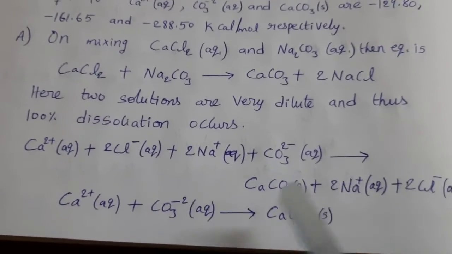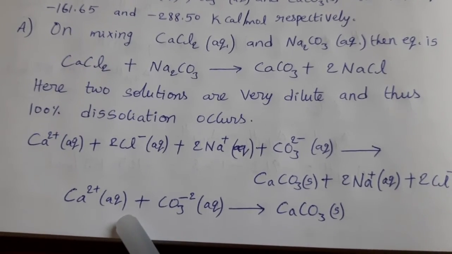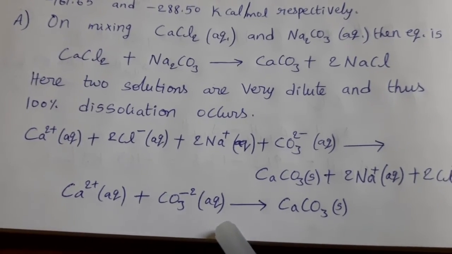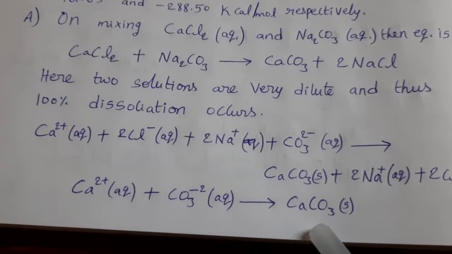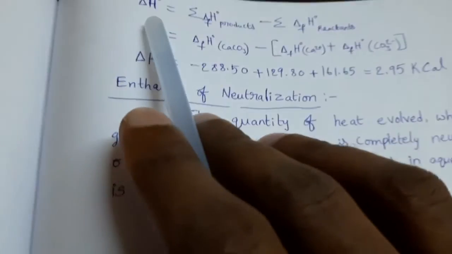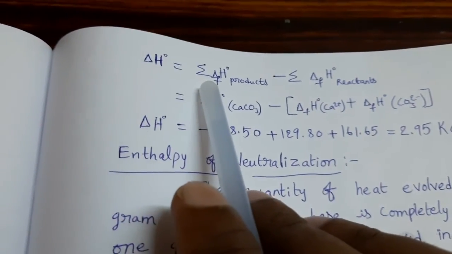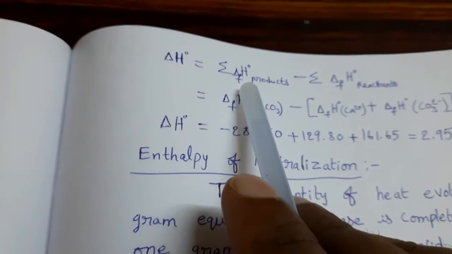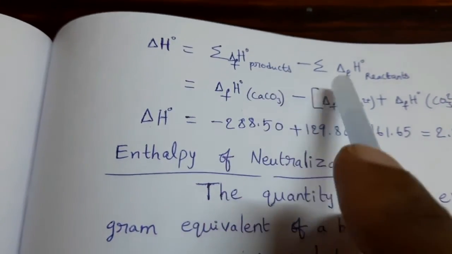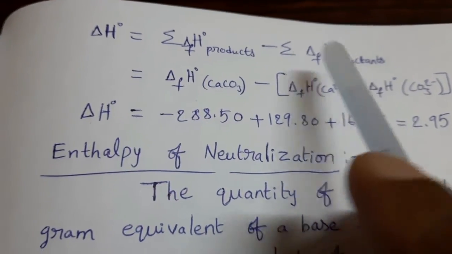Same equation in a simple manner we can write like this: calcium ion in aqueous state plus carbonate ion in aqueous state gives rise to CaCO3 in solid form. Now enthalpy of the reaction equals sigma of standard enthalpy of formation of the products minus sum of standard enthalpy of formation of reactants.